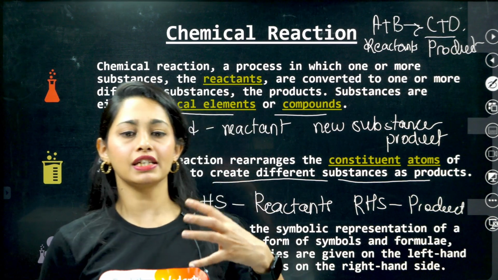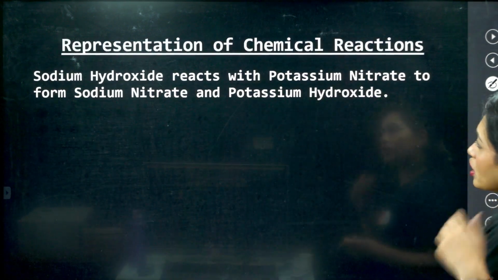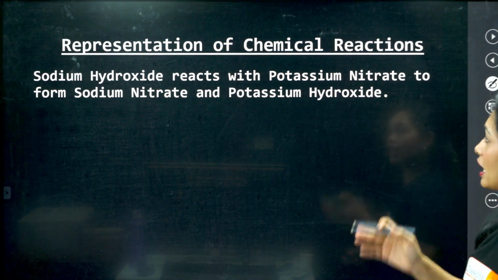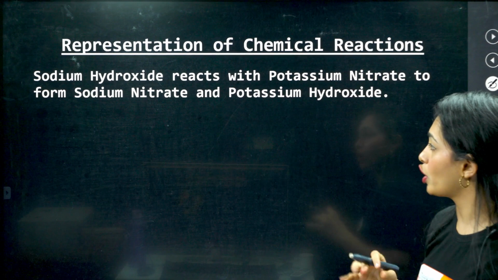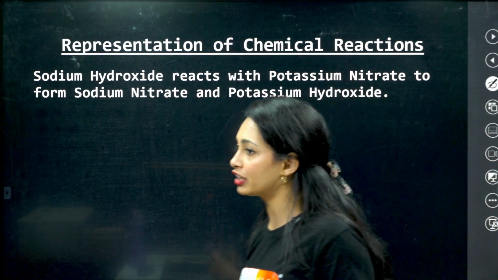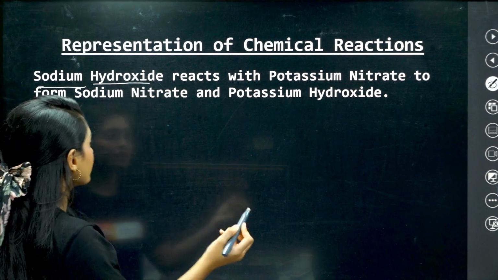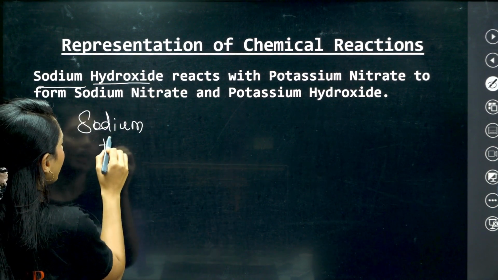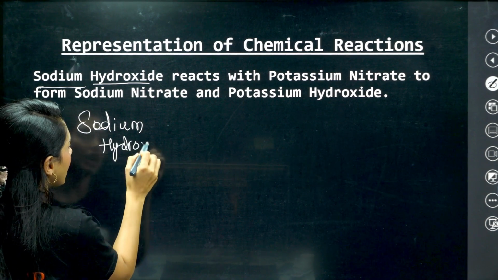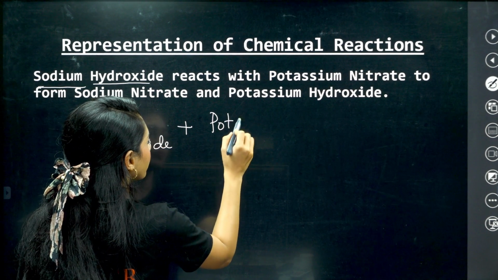All right, a chemical equation. We are going to discuss more about chemical equations. Moving on. Sodium hydroxide reacts with potassium nitrate to form sodium nitrate and potassium hydroxide. This is a word equation, described in words. So how do we write it? We write sodium hydroxide, one of the reactants, plus potassium nitrate.